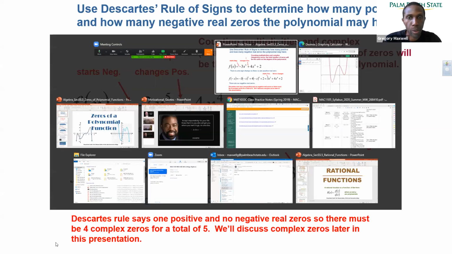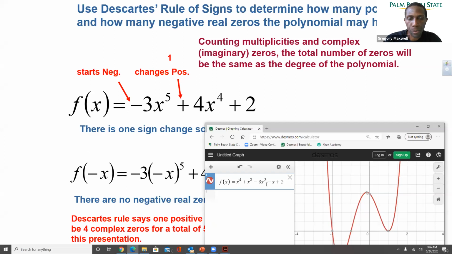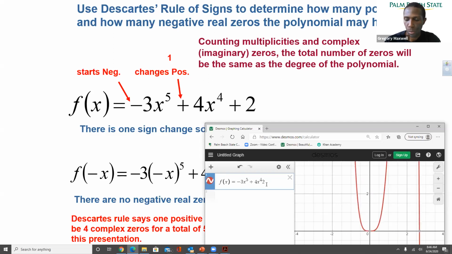So let me show you what the graph looks like now. So f of x equal to negative 3x to the 5 plus 4x to the 4 plus 2. And there you have it.